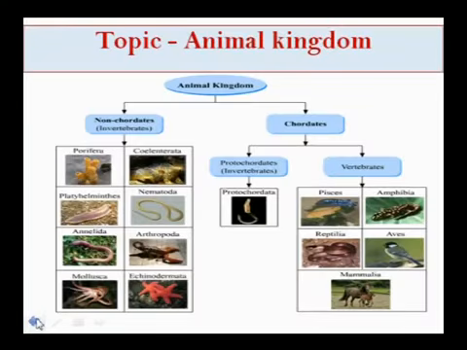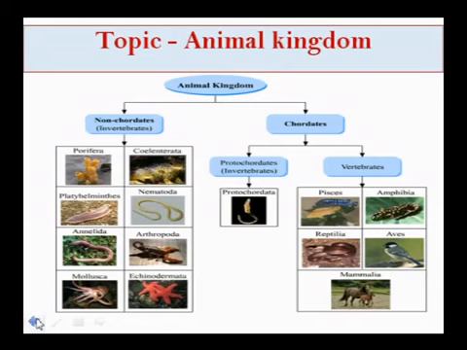Keeping in mind all these characteristic features, animals are classified into different groups, which we call phyla. In total, 11 phyla we have to study in this chapter. In kingdom Animalia, it begins with a very simple phylum called Porifera, followed by Coelenterata, also called Cnidaria.